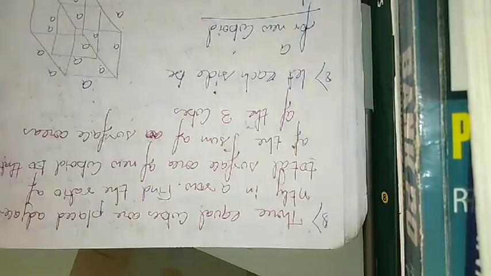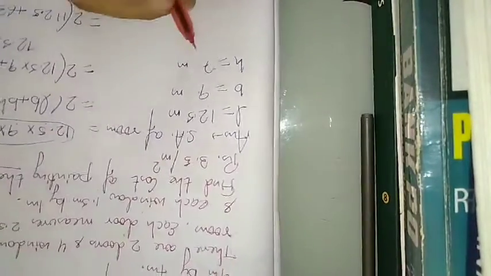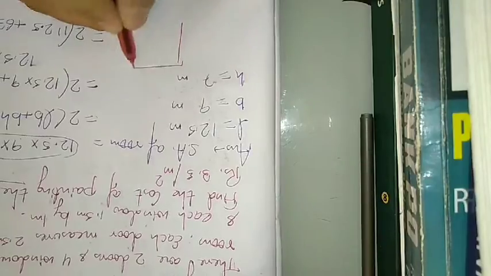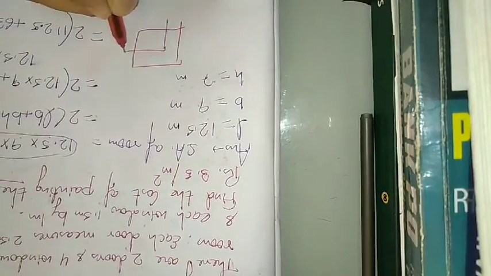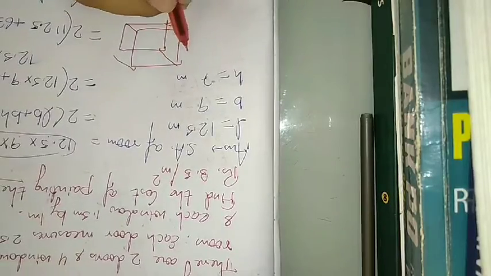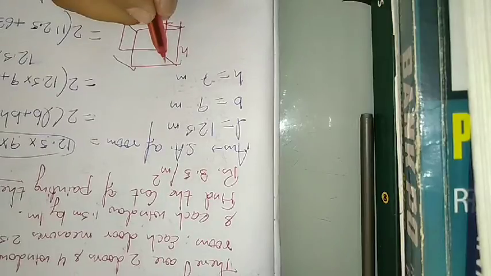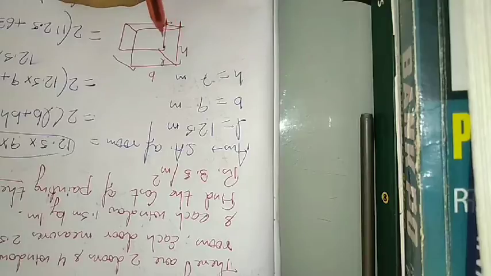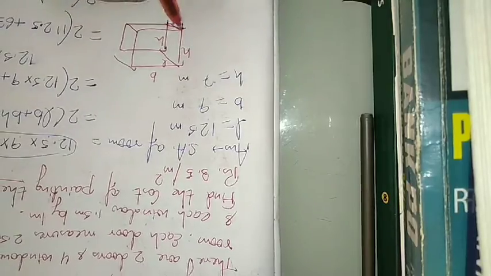So the base will be, you see, this being the height, this is the length and this is the breadth, right? Okay, so this is the height, this is the height, right? Over here what we need to do, this base is there, that which is the floor.